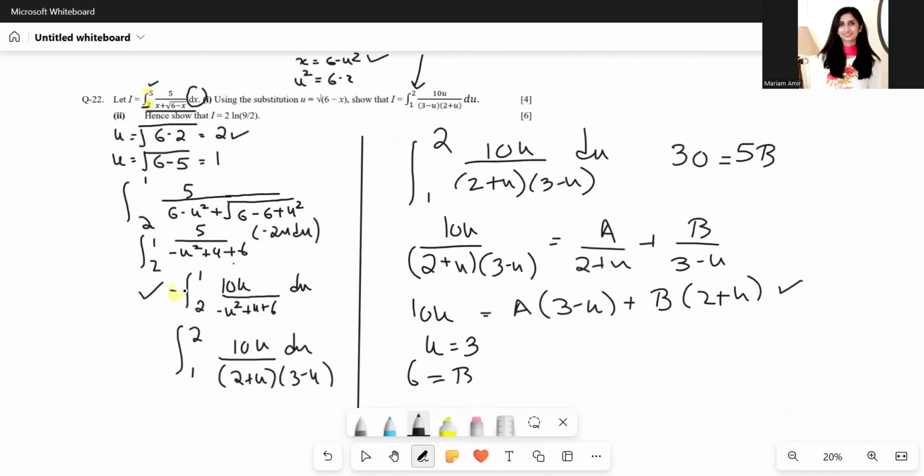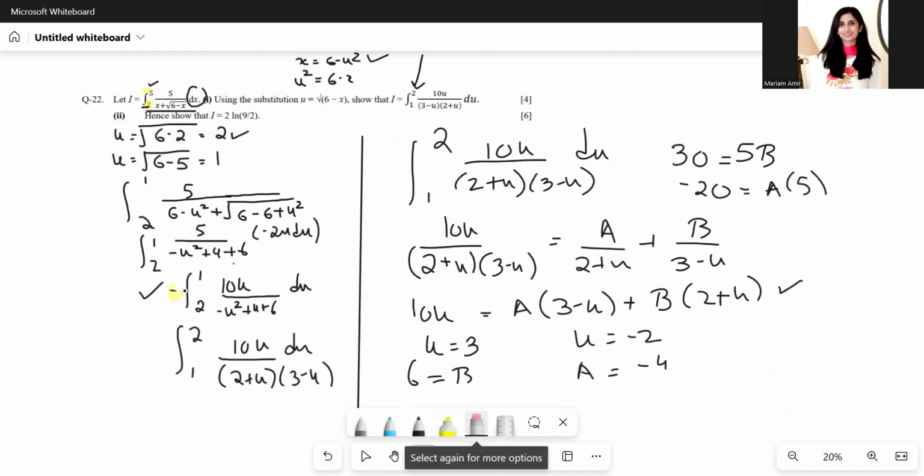And for the other one, we can take u equals negative 2. That will give us the value of a. So we'll get negative 20 on one side and a times 5 on the other side, which gives us a equals negative 4. So partial fractions become, let me write negative 4 here and 6 here.